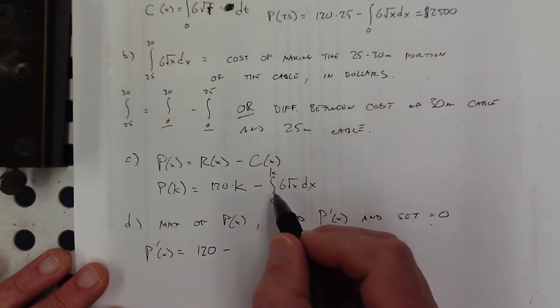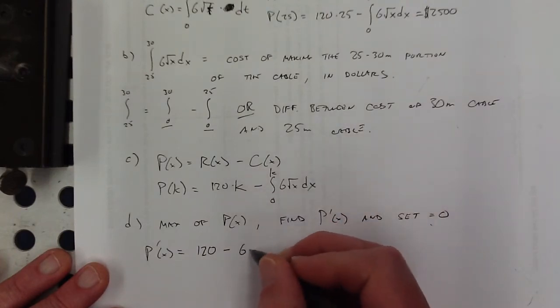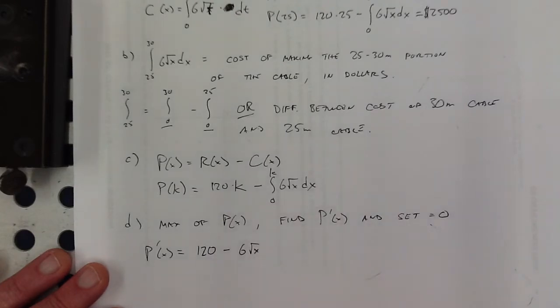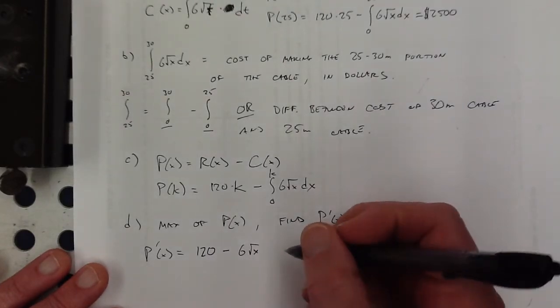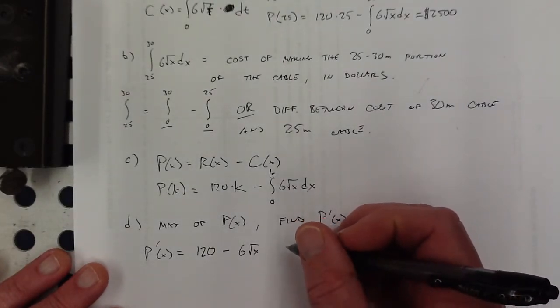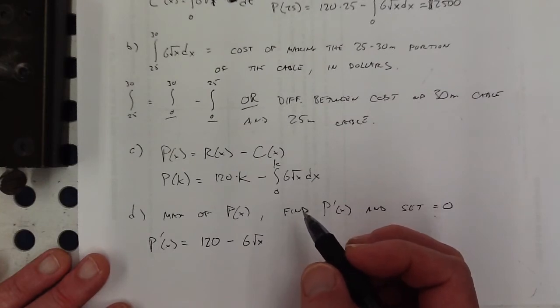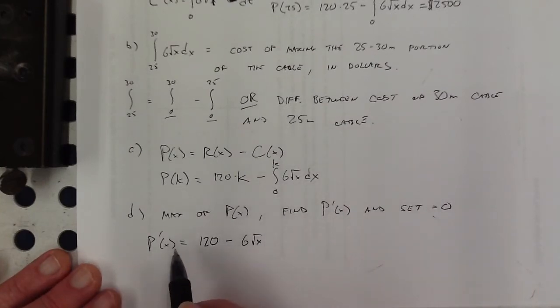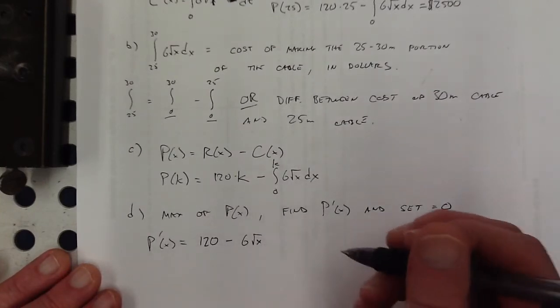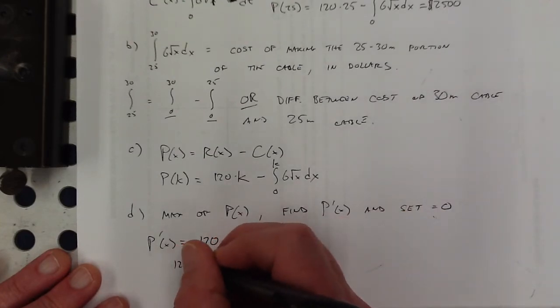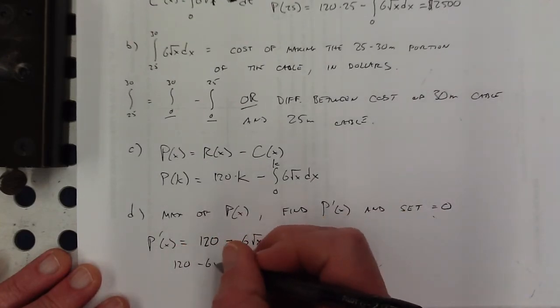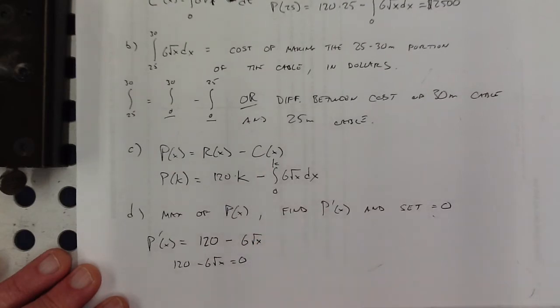When you take the derivative of an integral, those things just cancel out like that, right? Derivative of integral, they go away. That's the fundamental theorem. Now looking for where this is equal to 0. So 120 minus 6 times the square root of x equals 0.